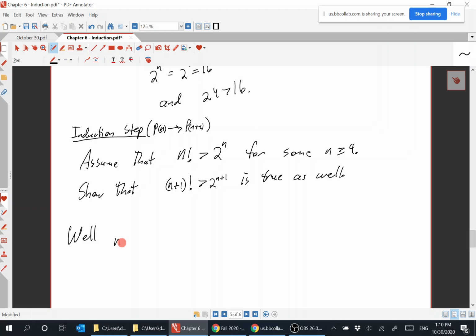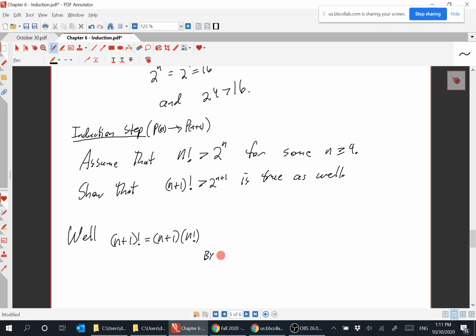n plus 1 factorial. Okay. Well, like we were saying before, it's n plus 1 times n factorial. The induction hypothesis says what? That n factorial is bigger than 2 to the n. Of course, n plus 1 is positive.